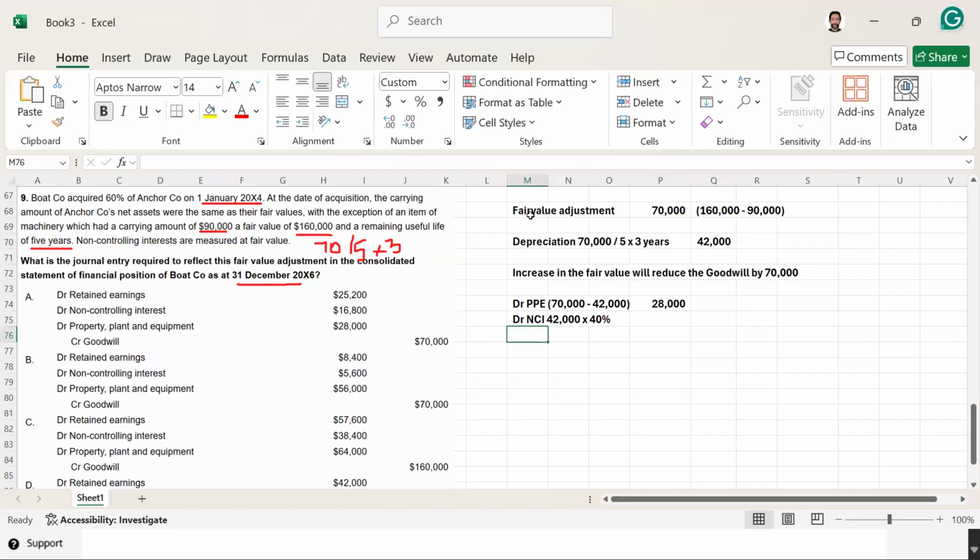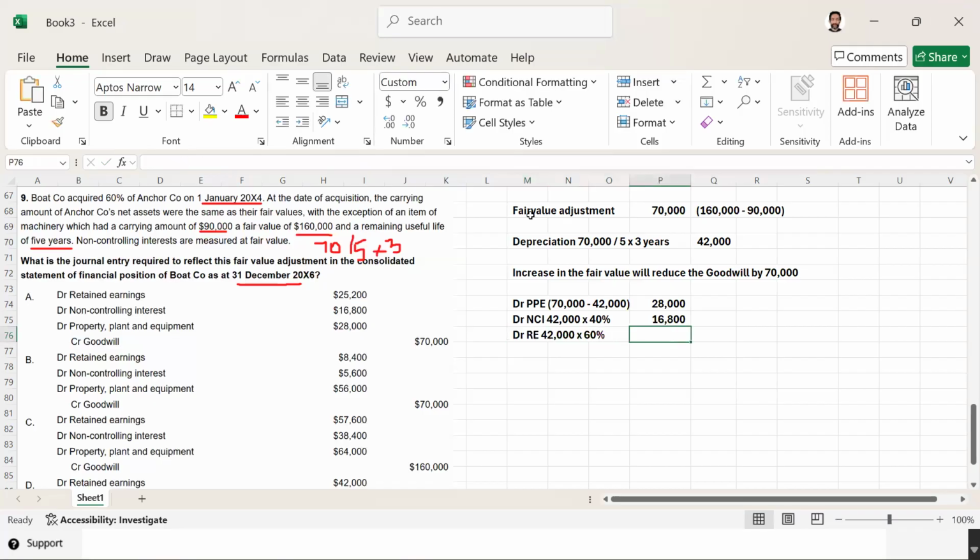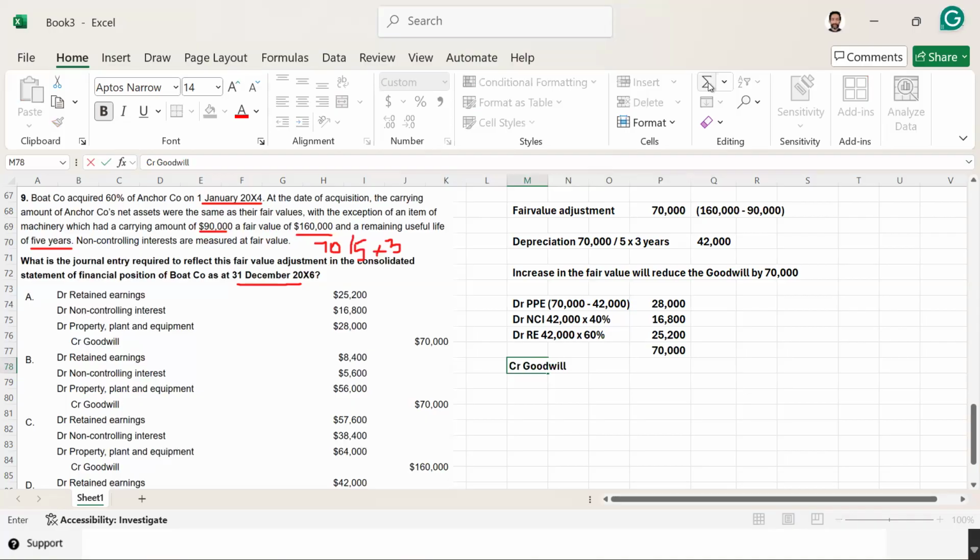So we take 42,000 into 0.4, that is NCI, and then we also debit the retained earnings by the same 42,000 multiplied by the 60%, so 42,000 into 0.6. So this is what we have debited. If we just see the impact of the debit value, that is 70,000, and we're going to have one credit to the goodwill, which is 70.